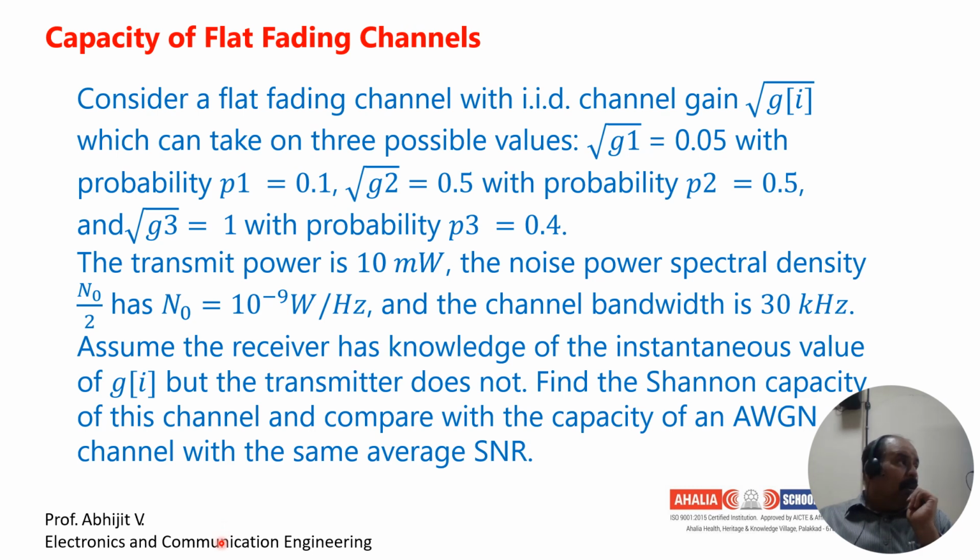Now assume that the receiver has knowledge of instantaneous value of G, but the transmitter does not. Find the Shannon capacity of this channel and compare with the capacity of an AWGN channel with the same average gamma, signal to noise ratio.